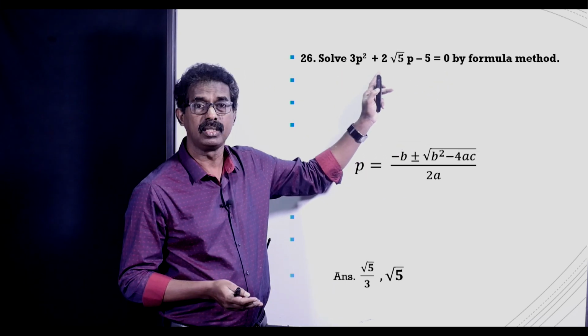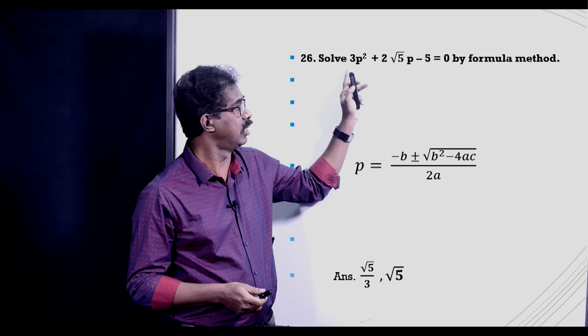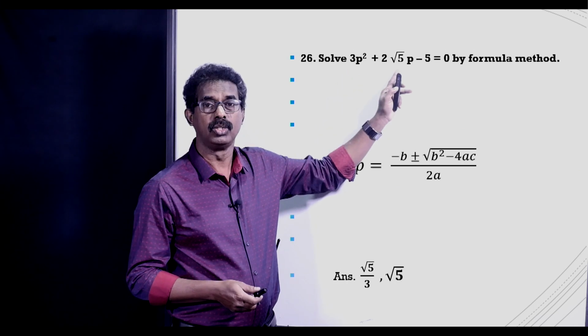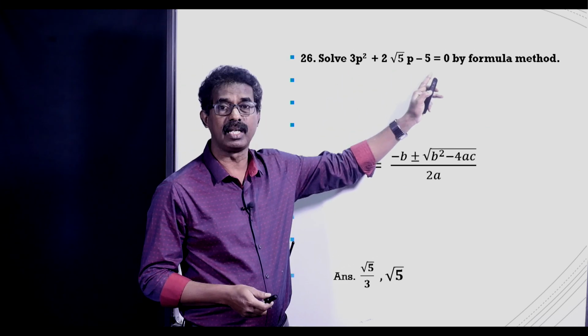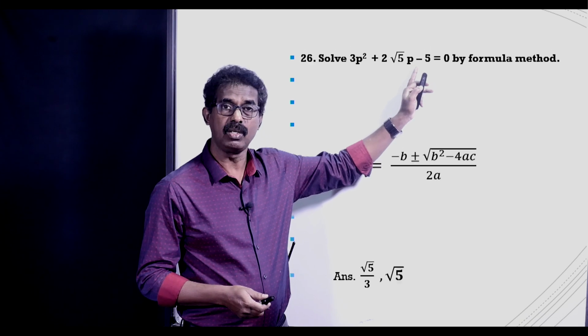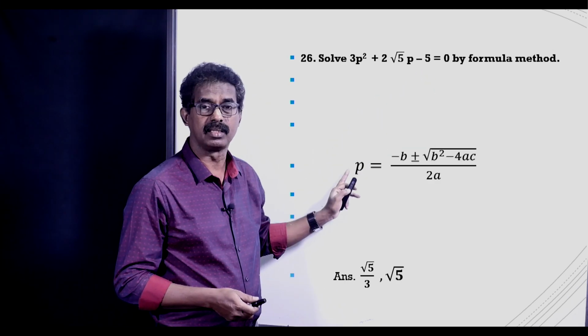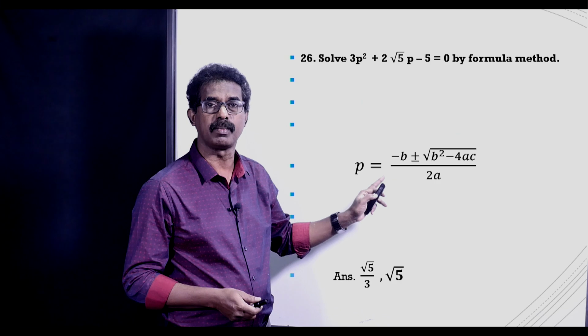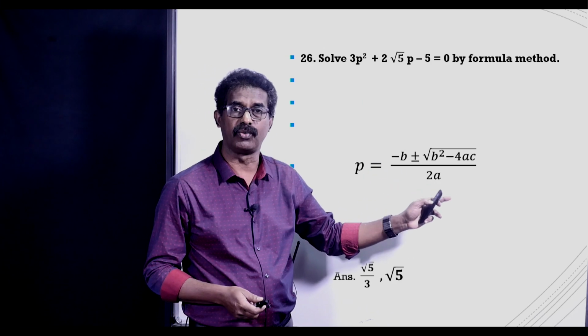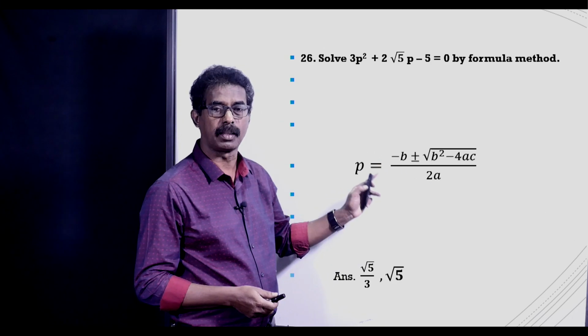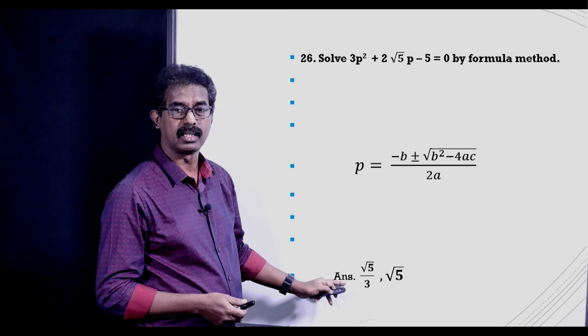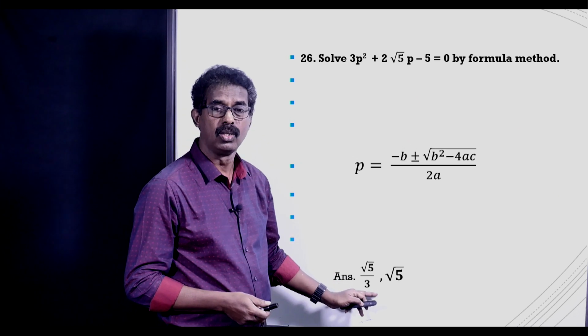So a value 3, x square coefficient 3, and b value 2 root 5, and c value minus 5, and the formula is minus b plus or minus root of b square minus 4ac by 2a. Substitute and simplify. You will get root 5 by 3 and minus root 5 as your answer.